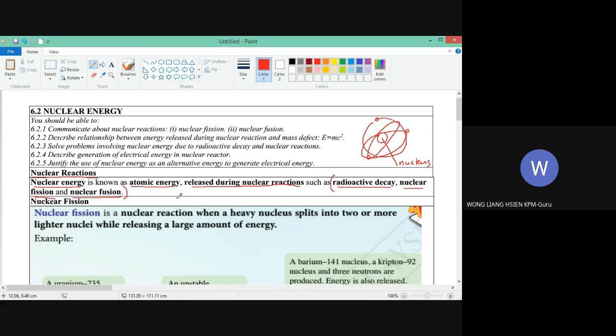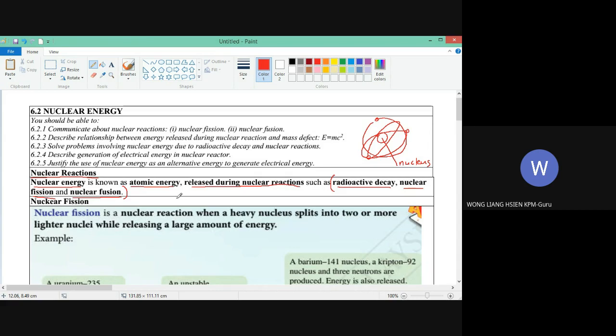If you look at the word nuclear reaction, you can see why it is called that: radioactive decay, nuclear fission, nuclear fusion are all reactions that happen in the nucleus of the atom. So it's very logical to call it nuclear reaction.